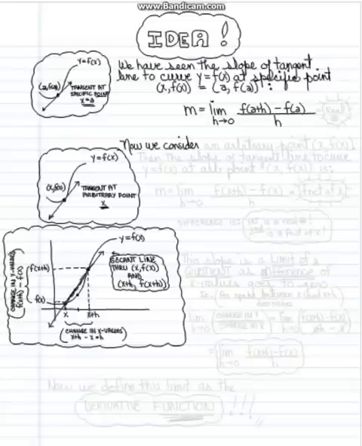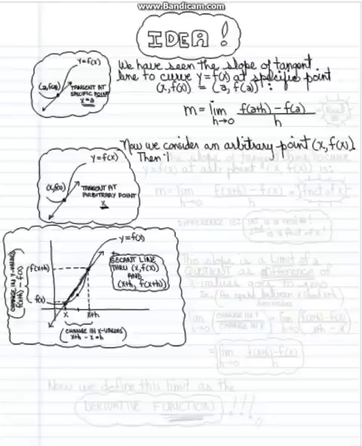In the second sketch, now we consider an arbitrary point, (x, f of x). No longer do we have x equals a as we had in the first picture. Then, in the second case, the slope of the tangent line to the curve y equals f of x at an arbitrary general point (x, f of x) is a similar formula where we have an x in place of a.